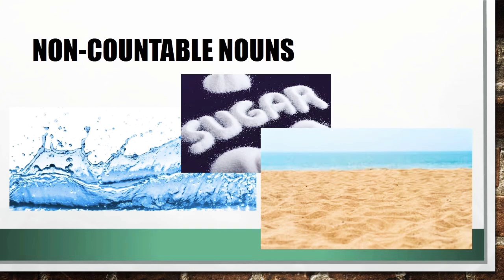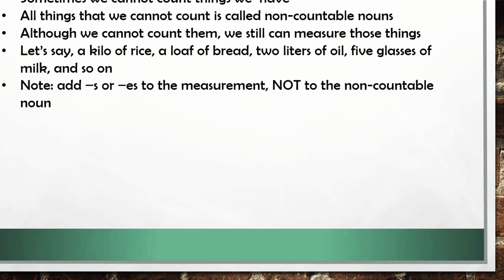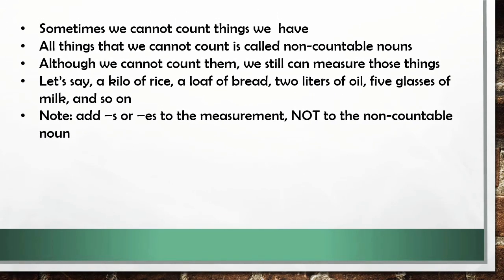Now, do you have an idea about non-countable nouns? Sometimes we cannot count things we have. All things that we cannot count are called non-countable nouns. Although we cannot count them, we still can measure those things.